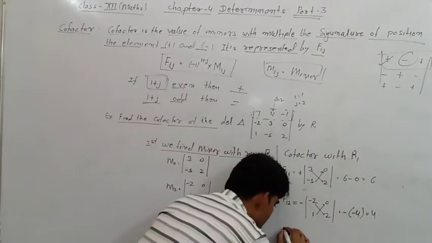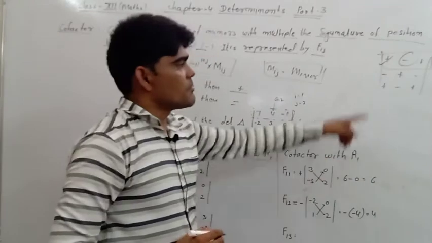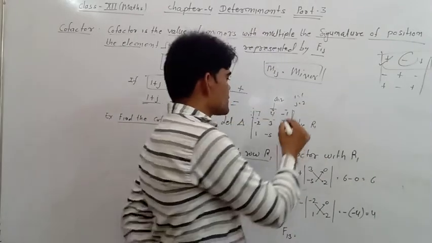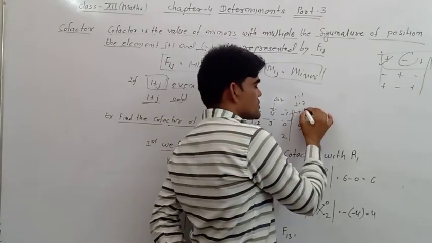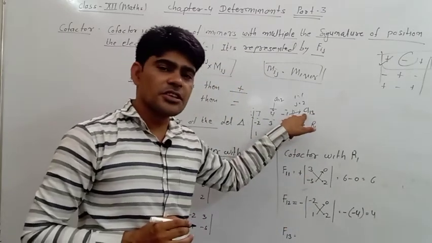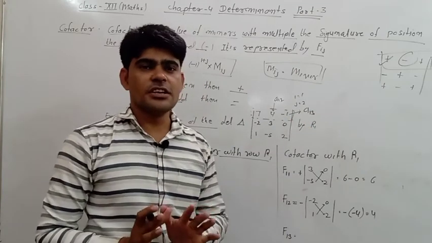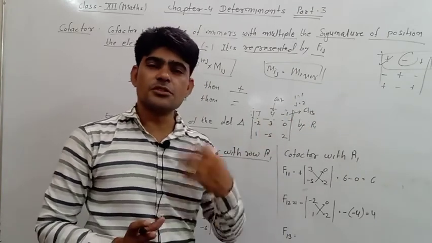Similarly we find F13. We use the positive sign for this element. This position is a13, where i equals 1 and j equals 3. Then 1 plus 3 equals 4.